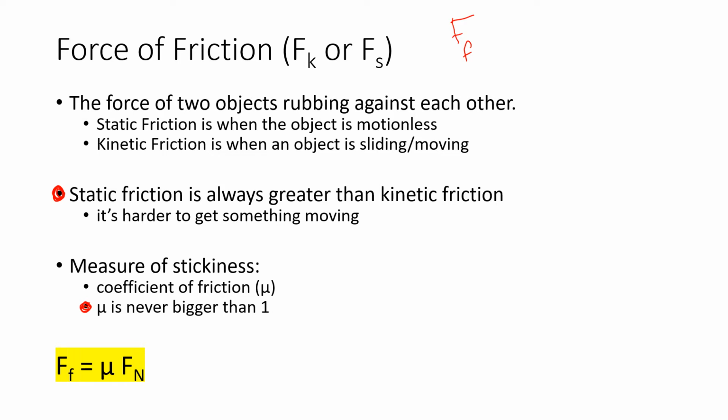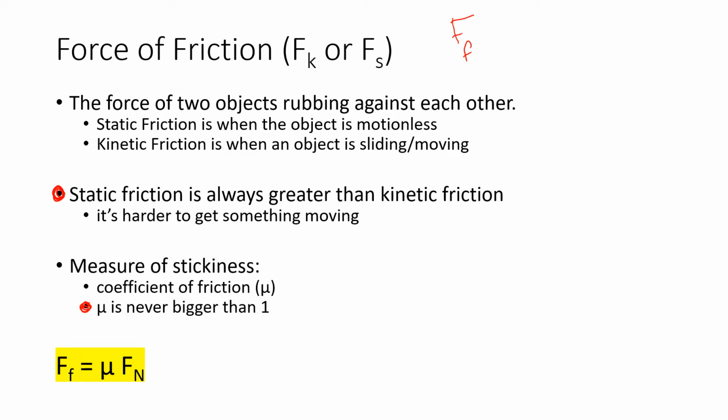Static friction is when the object is motionless. So you can imagine this like you're pushing really, really hard against something really heavy and it's just not budging. That would be static friction. Kinetic friction is when you already have the object moving.